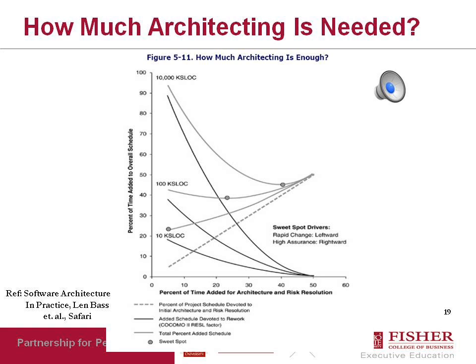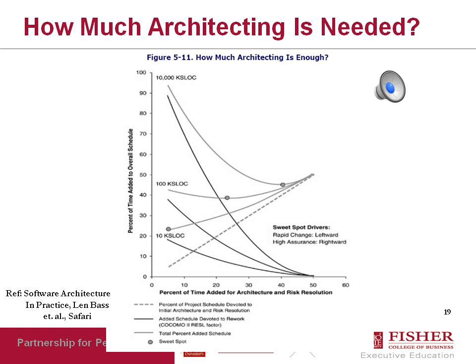For a smaller system, about 25% of time spent on architecture gives you the best improvement to schedule. But for a small system, any time you spend on architecture essentially increases the time you would end up spending on the system. So if it's a small system and you have reasonably expert people, the recommendation is to just go ahead and build it, which, by the way, is the rationale behind Agile.